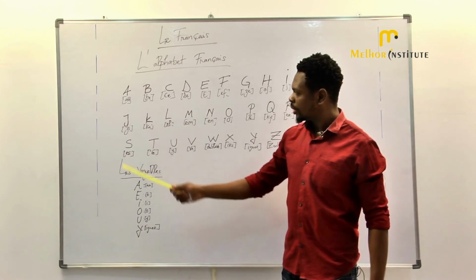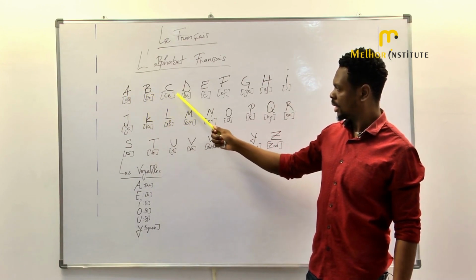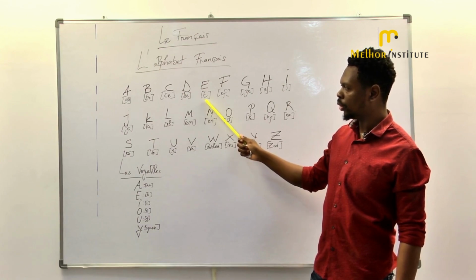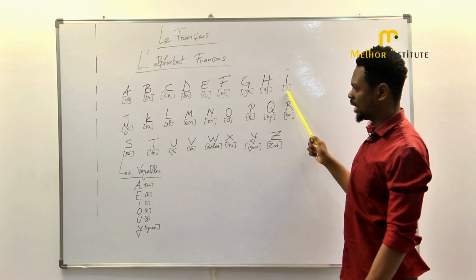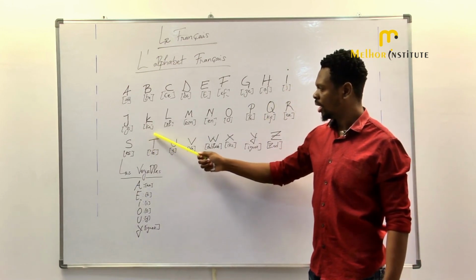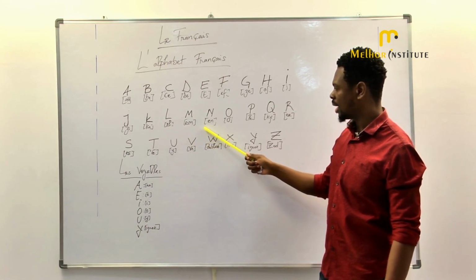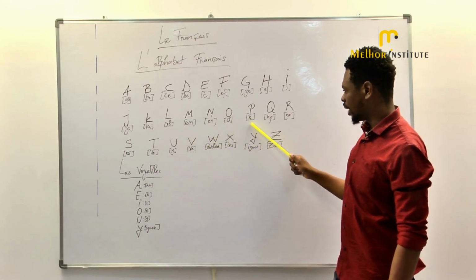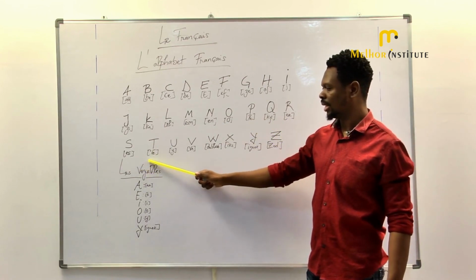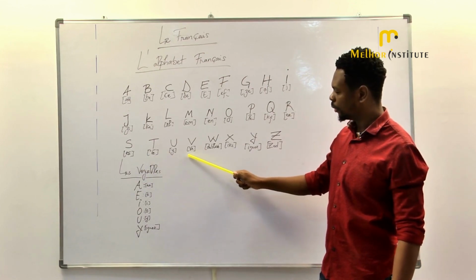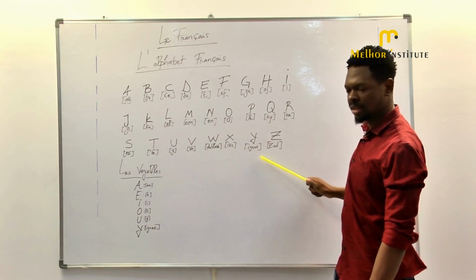Now, here we will say A, B, C, D, E, F, G, H, I, J, K, L, M, N, O, P, Q, R, S, T, U, V, W, X, Y, Z.